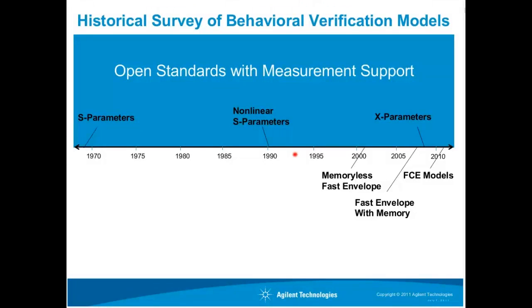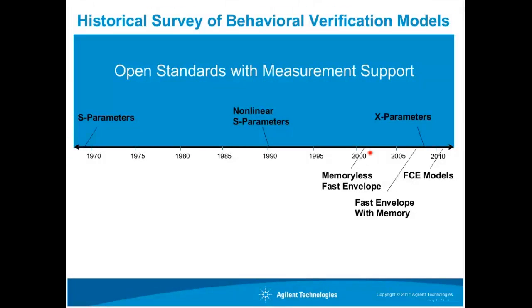Now, starting in the 2000 decade, the GoldenGate tool, we started using memoryless models to speed up envelope simulation around 2001. And that was quite a popular capability. Actually, these tools were used quite extensively. And the modeling was all fully automatic. It was actually hidden from the user.